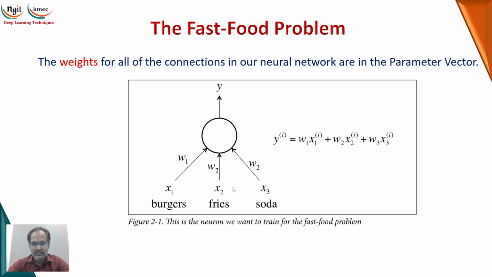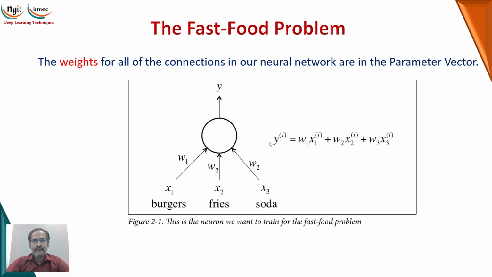The same weight can be represented with different symbols. In some situations, in the mathematical way, it can be represented with theta, alpha, beta, like that. In general, in neural networks, we call them W1, W2, and so on.